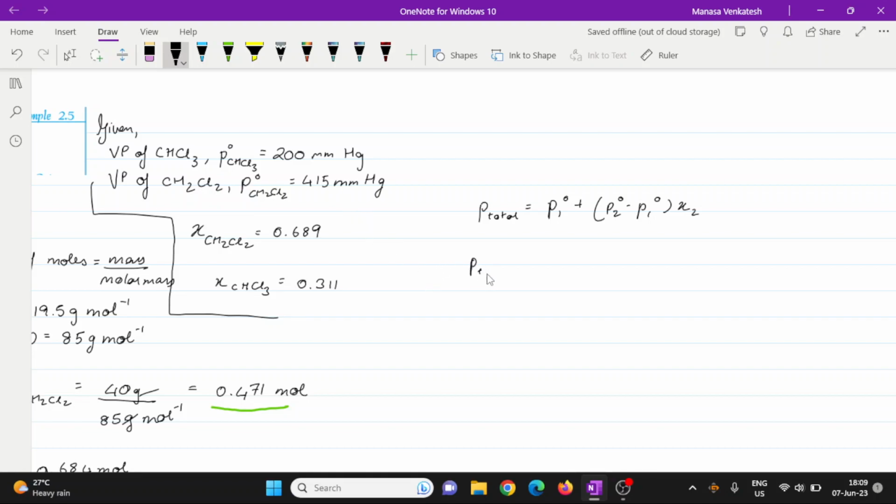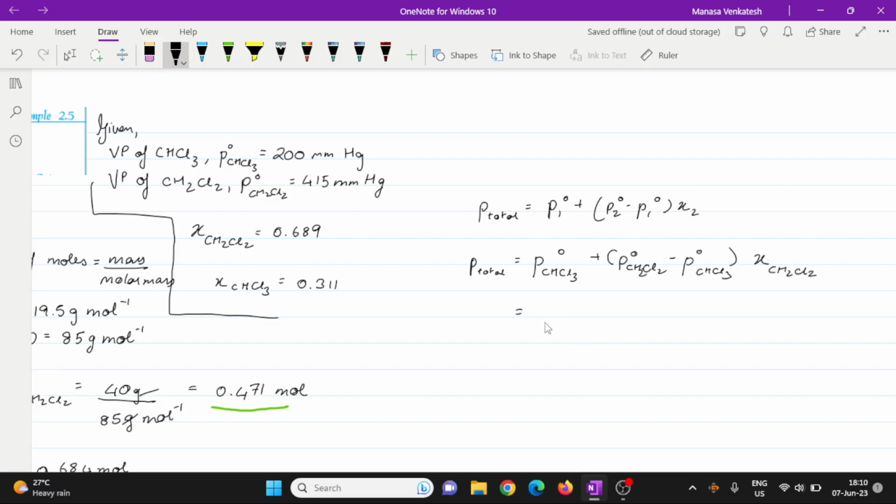So P total is equal to P CHCl₃ naught plus P CH₂Cl₂ naught minus P naught CHCl₃ whole into mole fraction of the second component, which is CH₂Cl₂.